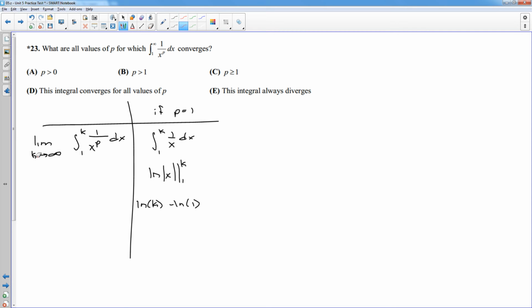And if you do the infinite limit of that, as k approaches infinity, this thing becomes the natural log of infinity minus 0, and that diverges.